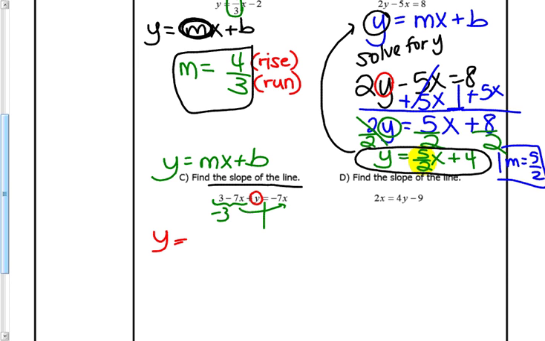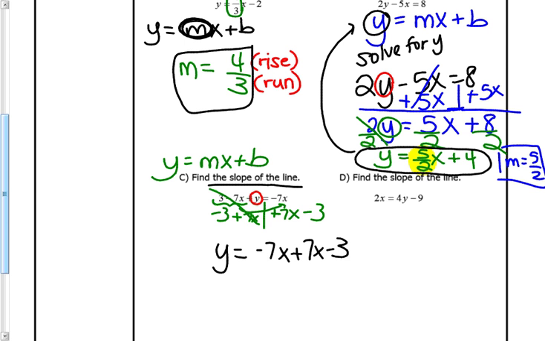And if I have a negative 7x, to move that over, I'm going to have to add 7x. We're going to do this to both sides. What you do to one, you must do to the other. So that's going to leave me with y equals negative 7x plus 7x minus 3.